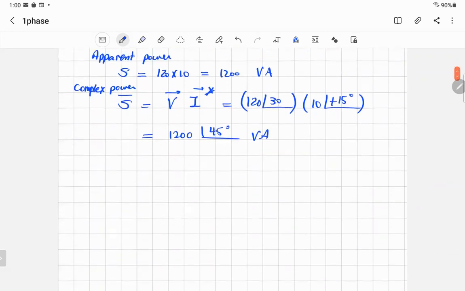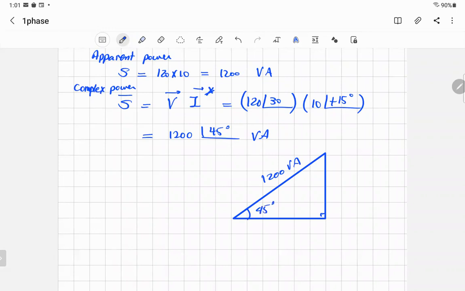What does it mean? I will sketch this one. 1200 and angle 45. So if I make a triangle, that's 1200 volt-amp magnitude, and the angle is 45.